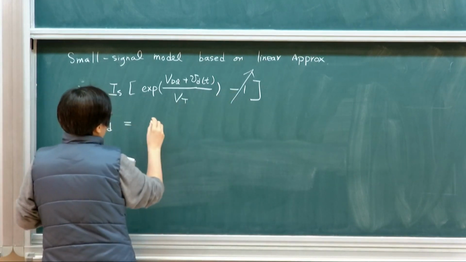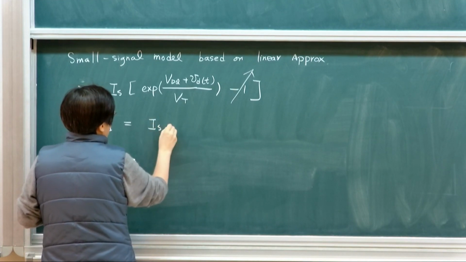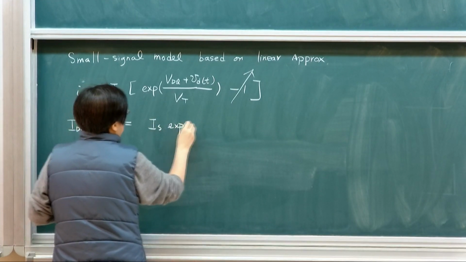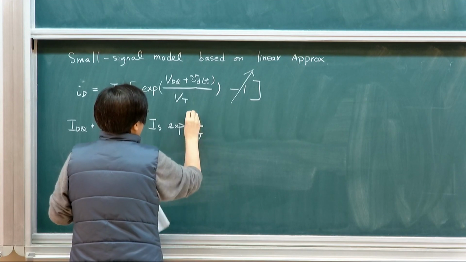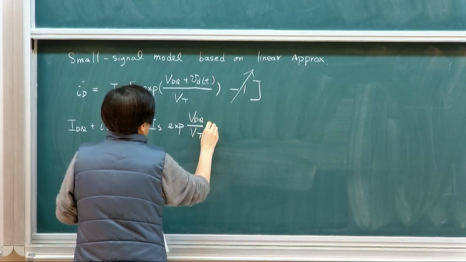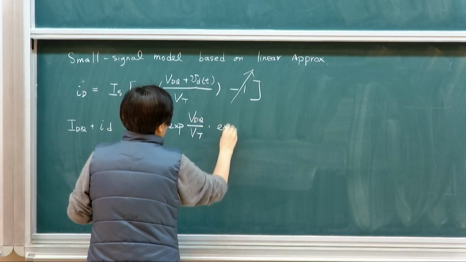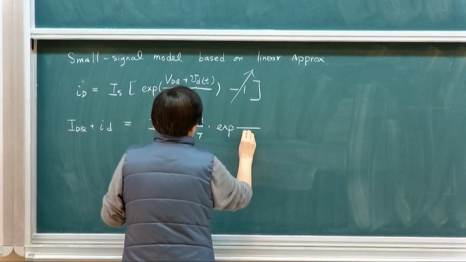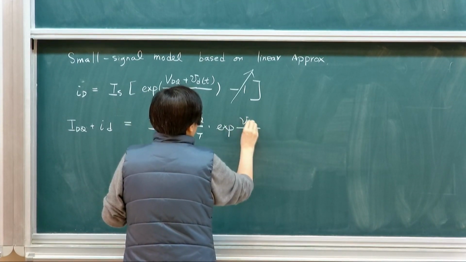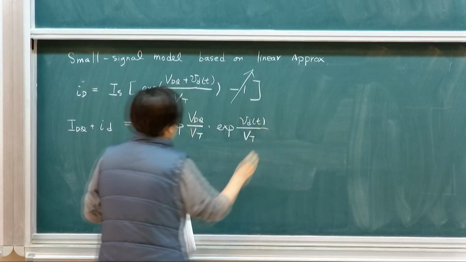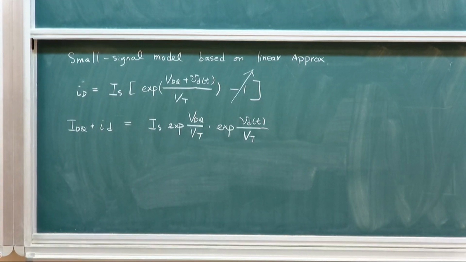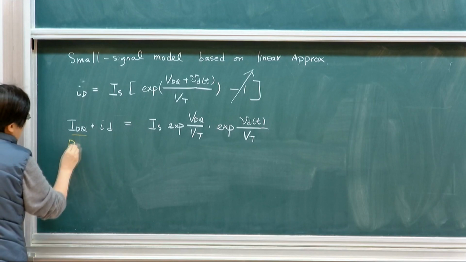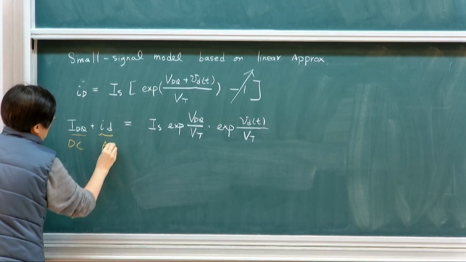On the right-hand side, when you ignore this, this will be IS exponential VDQ over VT times exponential VD over VT. I could separate whatever's inside into the DC and AC components. Once again, this is the DC component, and this is the AC component.